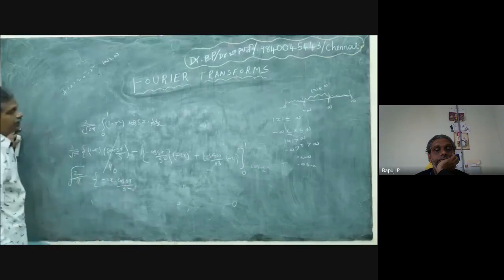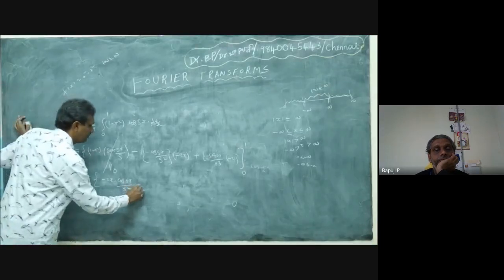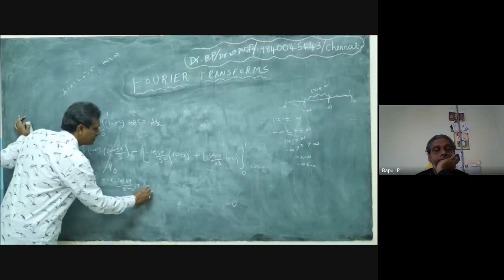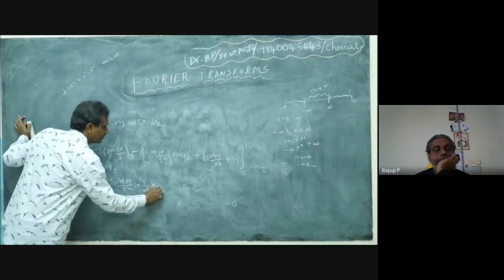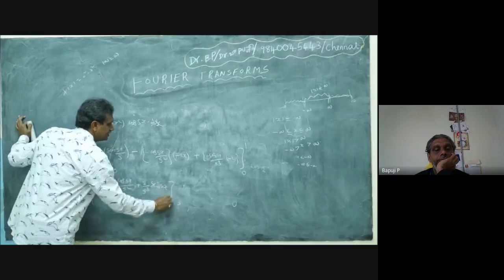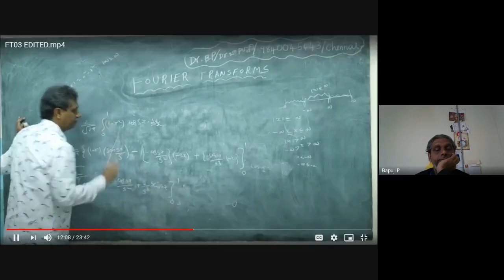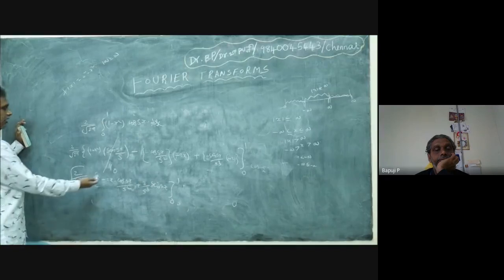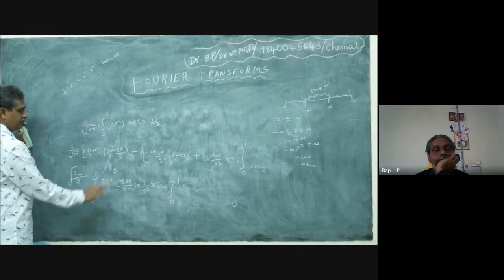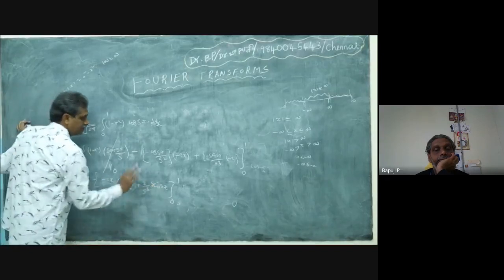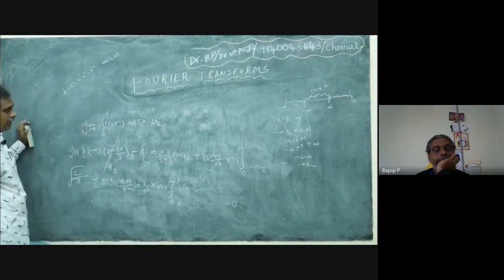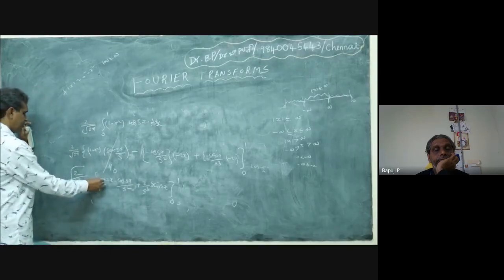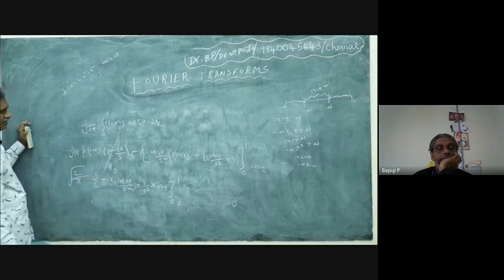Then how many minuses there? 2 minuses, then plus 2 by s cube sin sx from 0 to, still I have not applied, just a simplification. Here also the lower limit nicely vanishes because x equal to 0 vanishes. Here sin 0 is also 0, so for both fellows only the upper limit stands. I don't want to keep the first term as minus, it looks awkward, so I will change this.